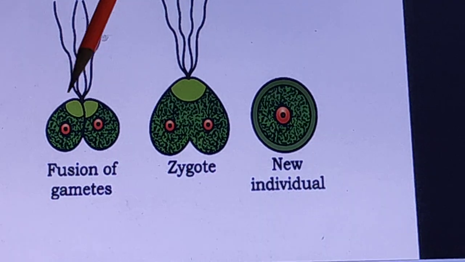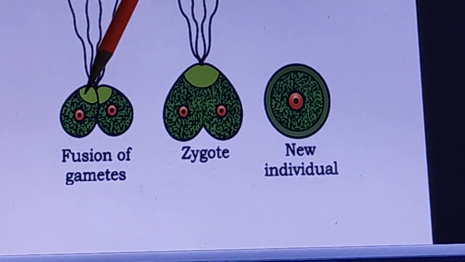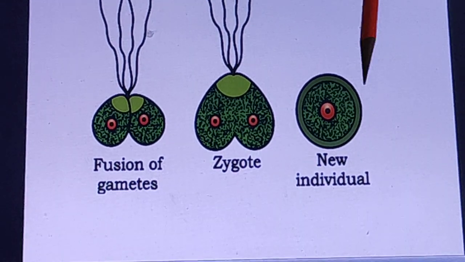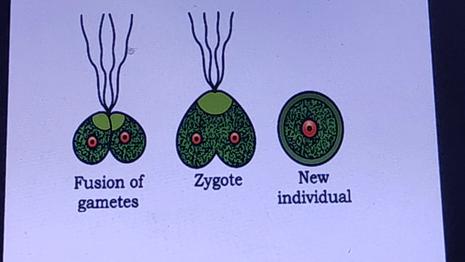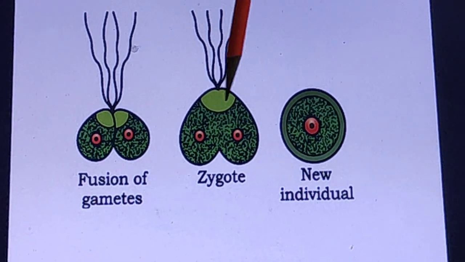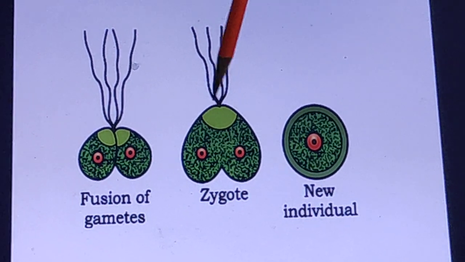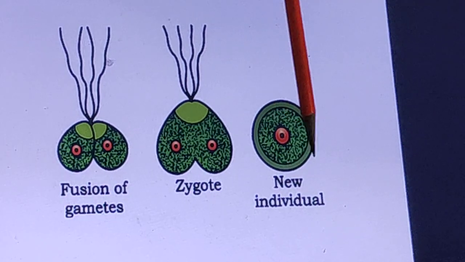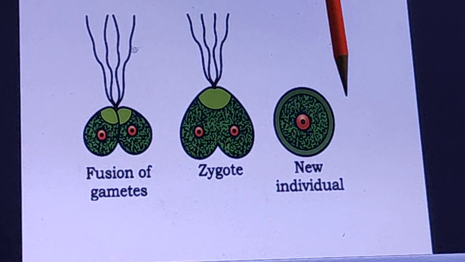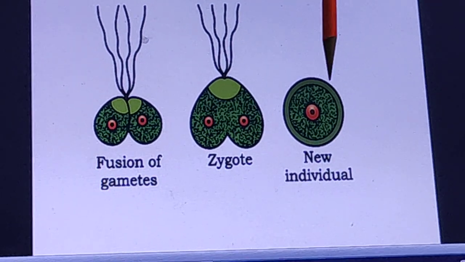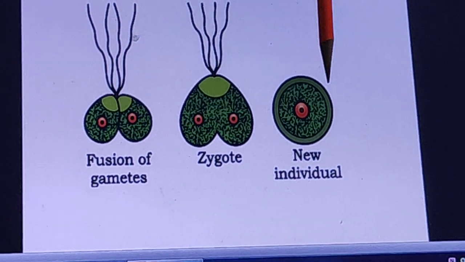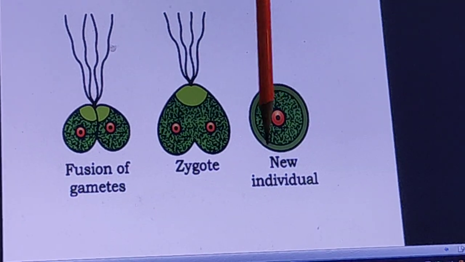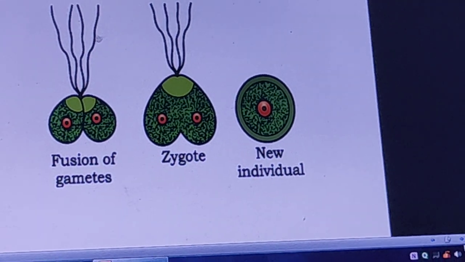Here you see fertilization, fusion of two gametes, the formation of zygote. Being the environment is not suitable for their growth, what happens? Zygote withdraws all its structure, slows down its metabolic activity and gets covered by a protective structure. And here it remains dormant during the period of unfavorability. When the favorable condition arises, this germinates to a new individual.